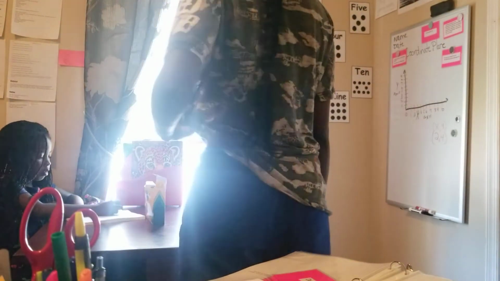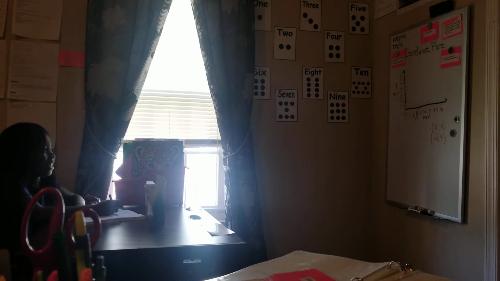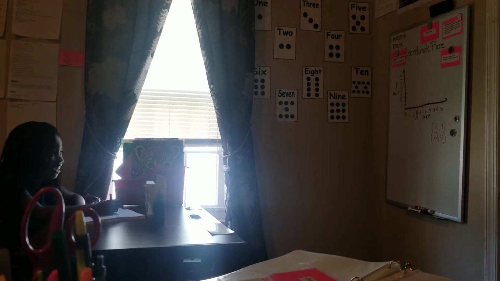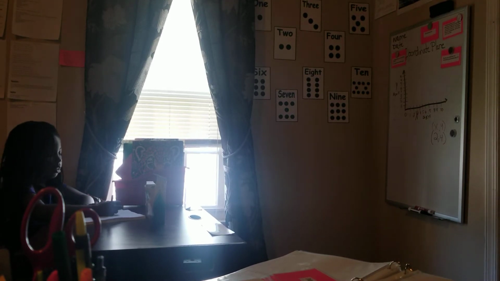Okay, so I'm now going to write the 9 and the 8. Mommy, you don't write the 8 like that. So then 7, 6, 5, 4, 3, 2, and a 1.